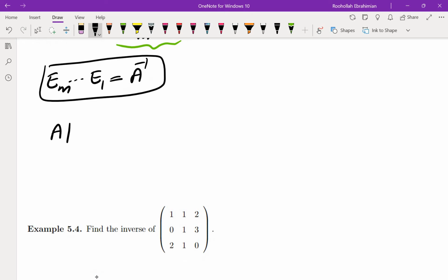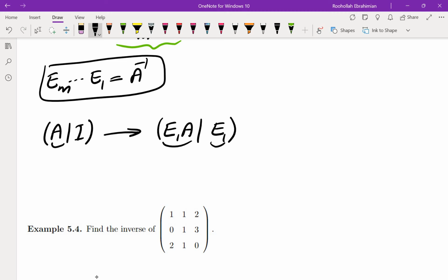In order to find the inverse of a matrix A, we start with an augmented matrix [A | I], and we apply these row operations. So the first row operation is going to give us this matrix. I'm going to apply that to the entire matrix. The first part of this matrix gives us eventually the identity matrix, and the second part gives us the inverse.